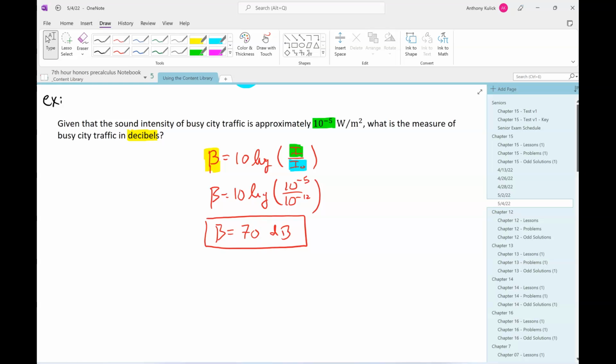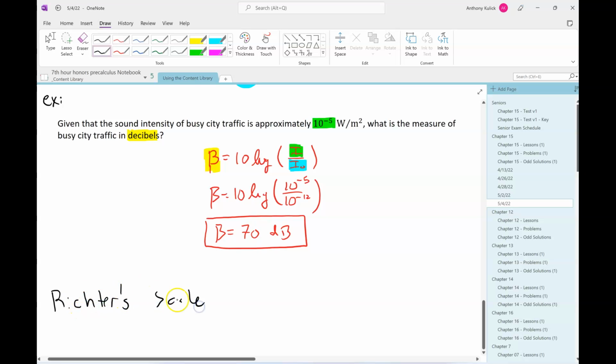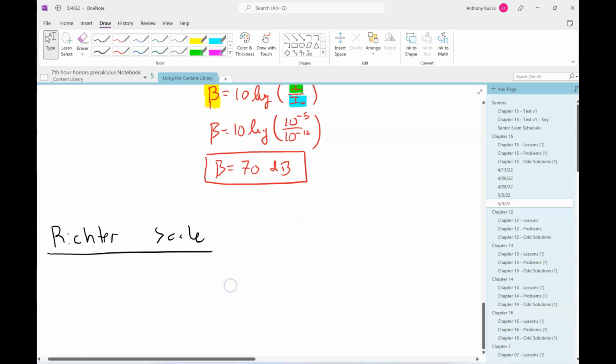Everybody cool? Okay. The next one we're going to look at is the Richter scale. What does the Richter scale measure? Yeah, it's the magnitude of an earthquake.